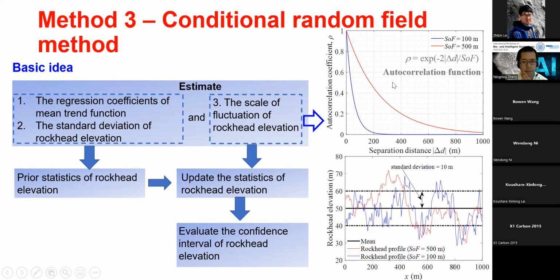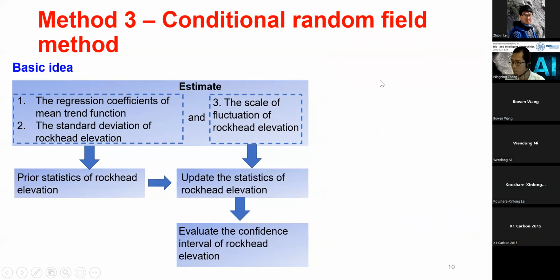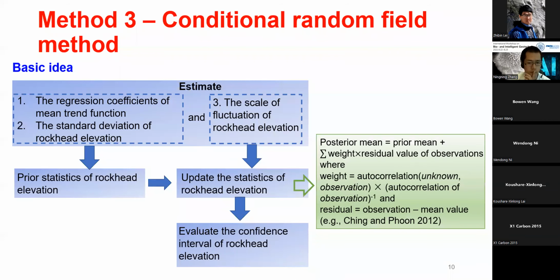As you can see from the right hand side, different values of the scale of fluctuation lead to different autocorrelation functions, which is very similar to the semivariogram figures of the kriging methods. So once this information is available, we can update the statistics of the rockhead elevation.